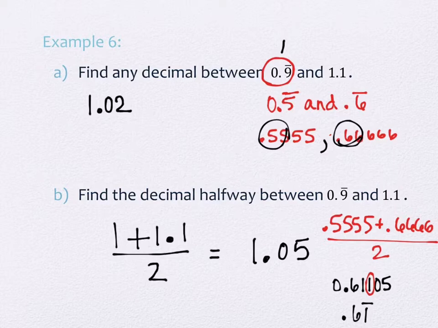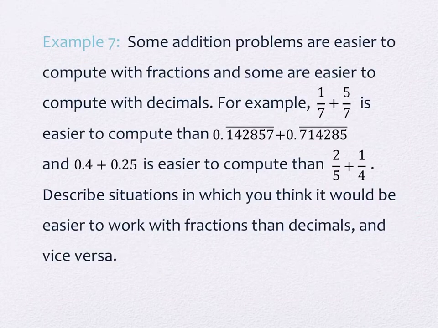All right. We actually encountered a question in your last section that's quite similar to this particular problem. It reads: some addition problems are easier to compute with fractions, and some are easier to compute with decimals. For example, 1/7 plus 5/7 is easier to compute than 0.142857 repeating plus 0.714285 repeating.